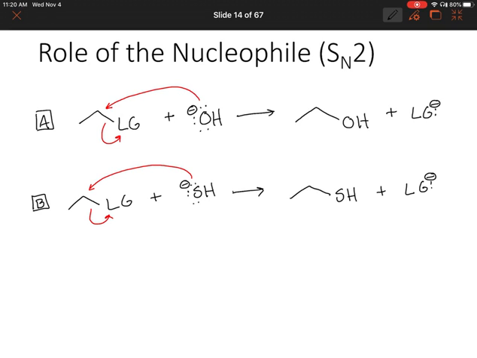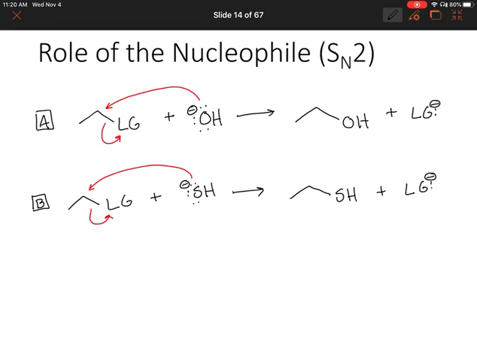More stable. Remember, if atoms are larger, they can accommodate a negative charge better. That's because the negative charge is actually spread out across the entire atom. It's not localized. We've talked about this with iodine before. Iodine is so large as an atom, it can accommodate that negative charge.